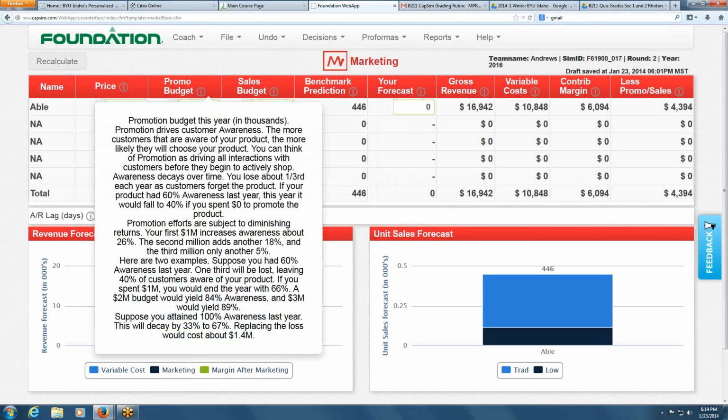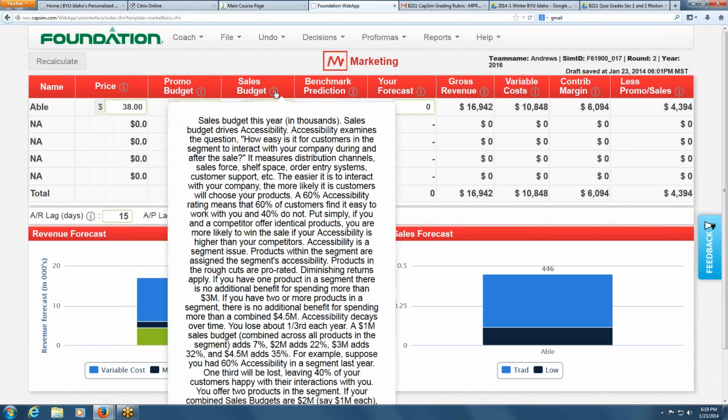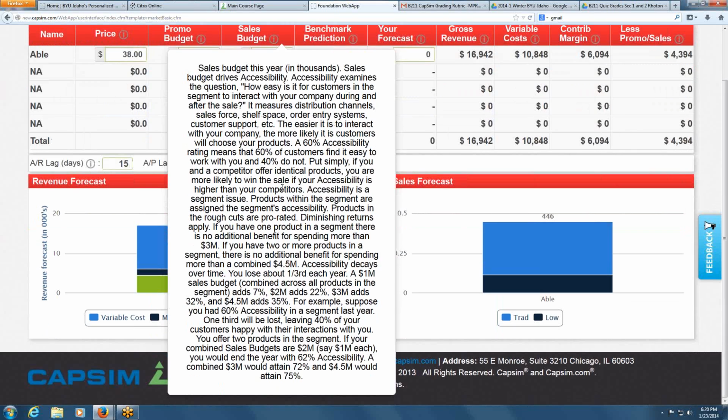So promo budget drives customer awareness, and sales budget drives accessibility. There are some great tips in this tutorial right here. Clicking on that will help you understand what it costs to keep it at 100%, or what it falls to each round. So I encourage people to look at that and read that. Exactly. This will explain everything just as well as I could teach you, and probably better.